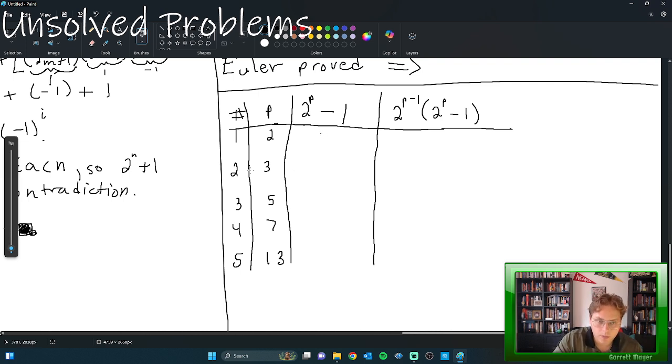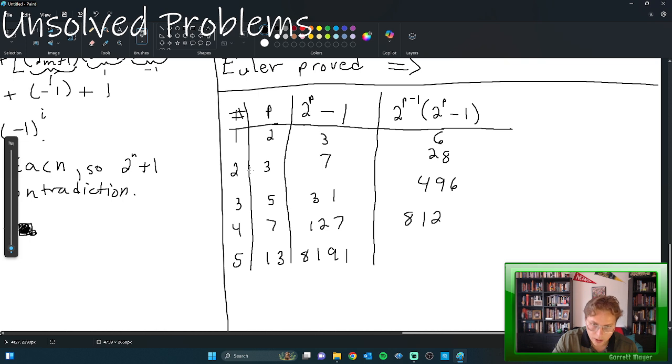So this one is 3, this one's 7, this one's 31, this one's 127, and then this is 8,191. And then next, the perfect numbers that correspond to it are 6, 28, 496, 8,128, and then 33,550,336.